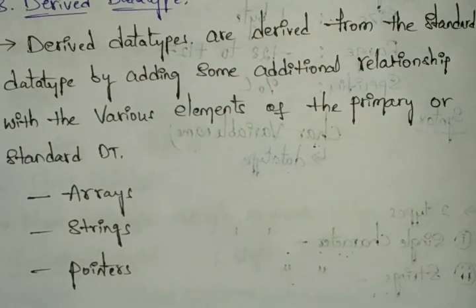Comparing to the primary and user defined data types, it will have some additional elements in the program. Okay, these arrays, strings, pointers are already explained, so you can check the description for these topics.